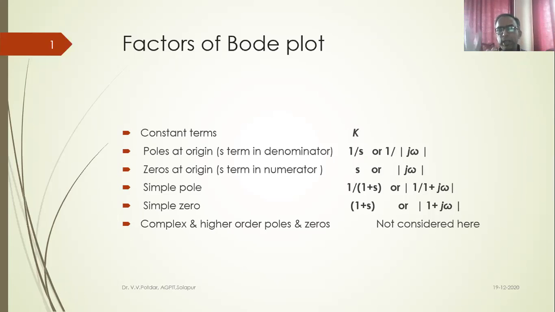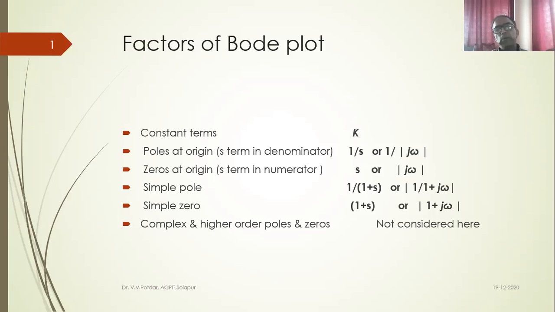So poles at origin, I can either have S terms or squares or exponents of S terms. I might have S, that is a single pole at 0. If I got S square, there will be a double pole at 0. If it is S cube, there will be a triple pole at 0, or S raised to n.